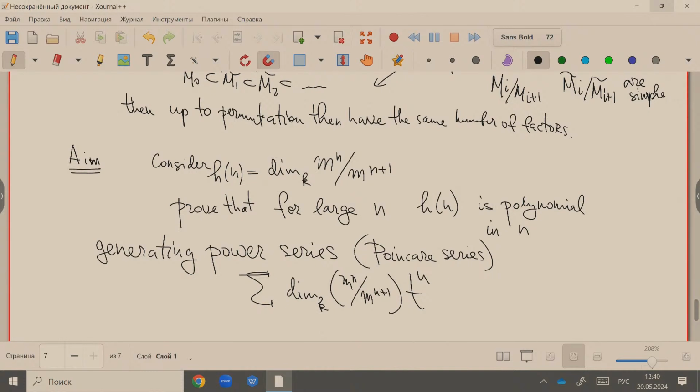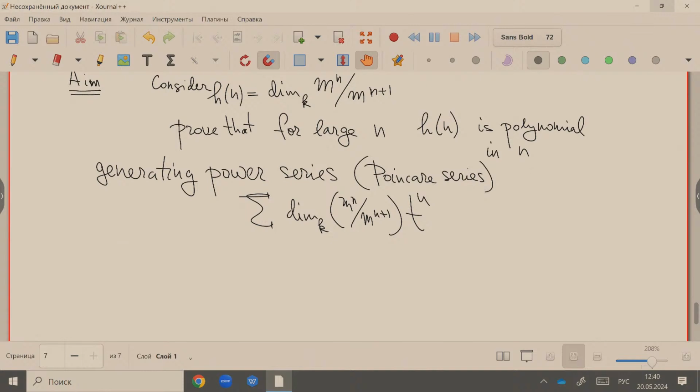Then by this we can introduce dimension. There are two things. First of all, we can prove something about this polynomial, that it is a polynomial, and this will be a rational function in our case.